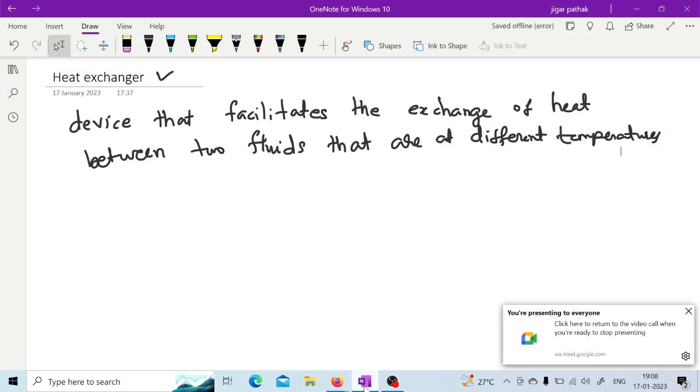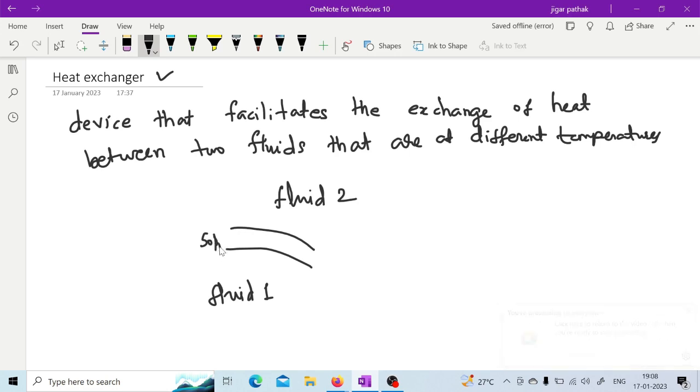If we assume that there is a solid surface which is separating this fluid 1 and fluid 2, this must be some solid surface. So in a heat exchanger, or in a double pipe heat exchanger, generally the construction is like this only.